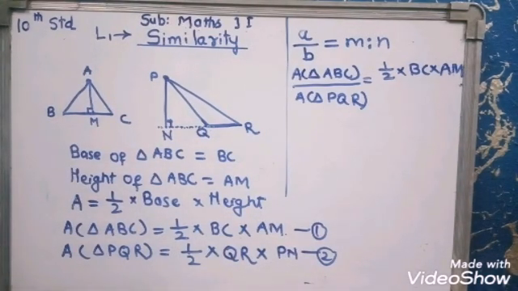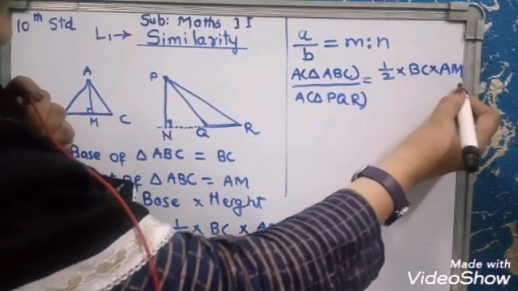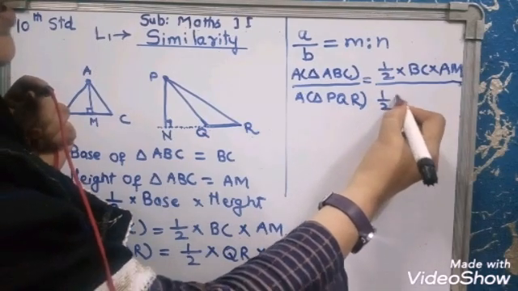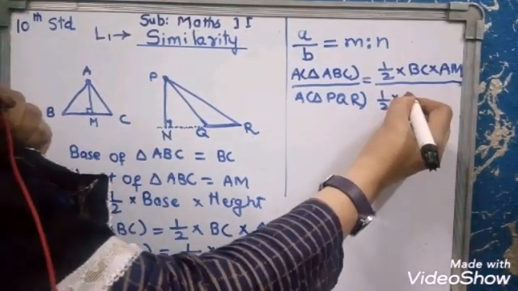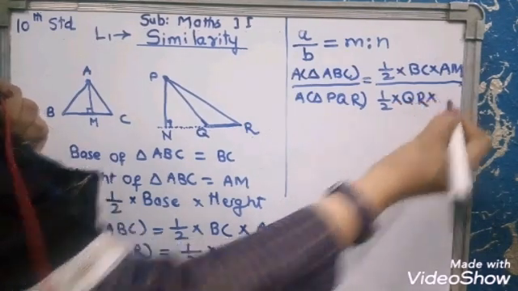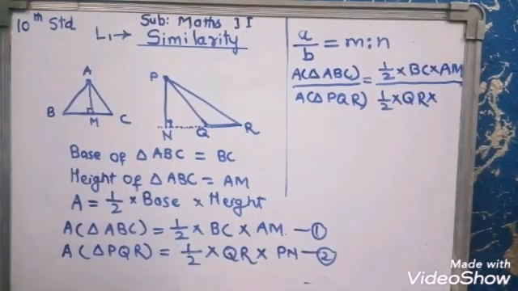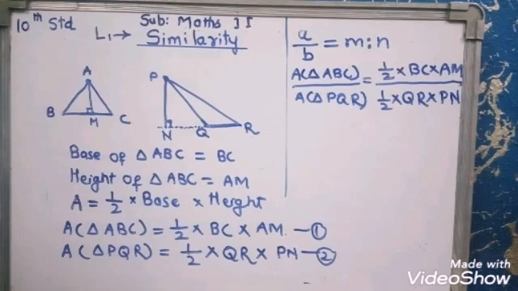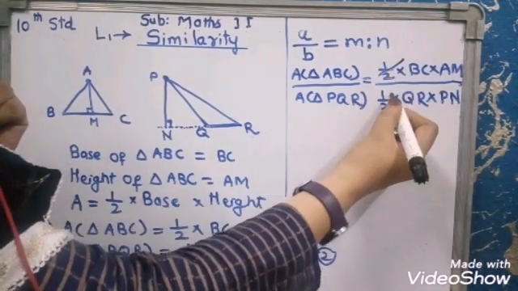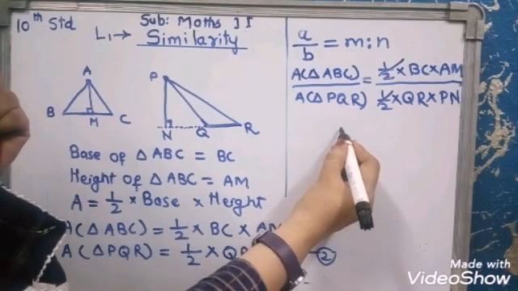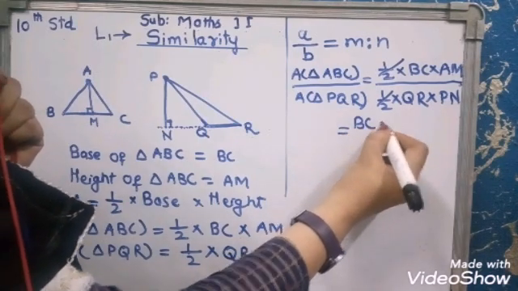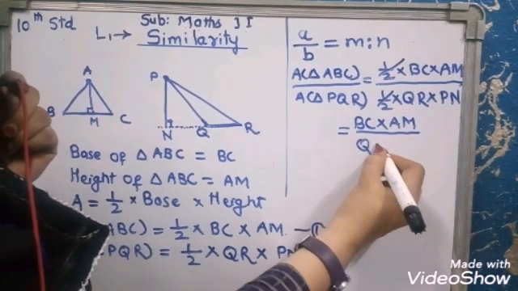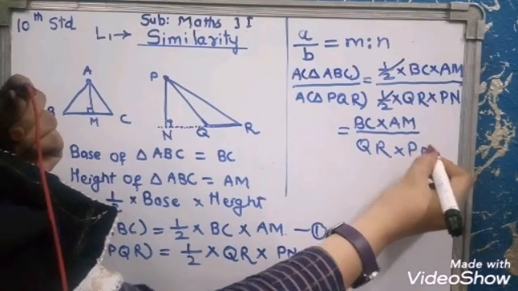And from equation 2, area of triangle PQR is equal to 1 upon 2 into QR, the base of the second triangle, and PN, the height of the second triangle. Since 1 upon 2 is common, it gets cancelled and the ratio is equal to BC multiplied by AM divided by QR multiplied by PN.